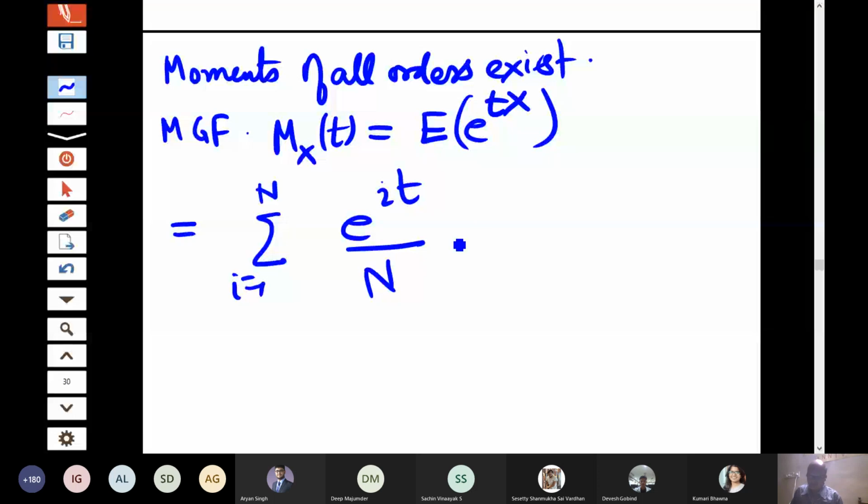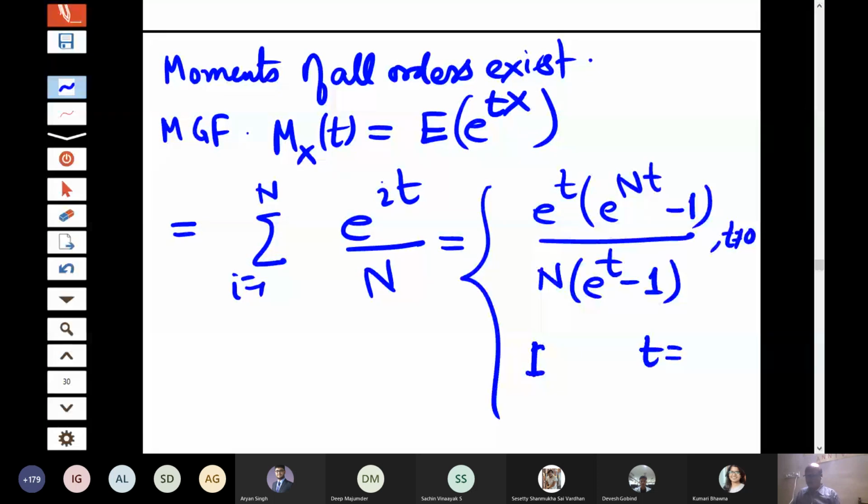So you know the sum of this one also. This is e to the power t into e to the power nt minus 1, divided by n into e to the power t minus 1. Of course, this is for t not equal to 0, and if t is equal to 0, then this is 1. In fact, the value of the moment generating function is always 1 at t equal to 0. So this is all about this simple distribution.